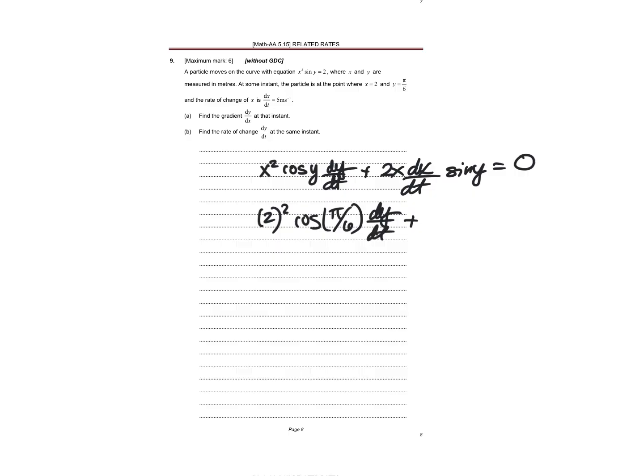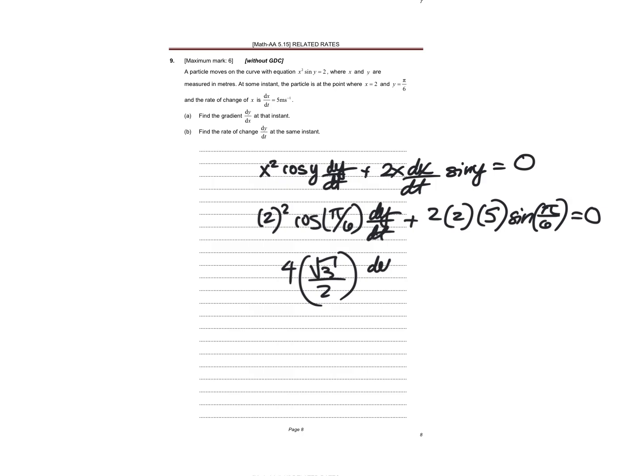All right, so plus 2 times 2 dx/dt is 5 sine pi over 6 equals 0. So we've got 4 cosine pi over 6 is root 3 over 2 dy/dt. And then we've got plus 20 sine pi over 6 is 1/2. So this is 10 equals 0.